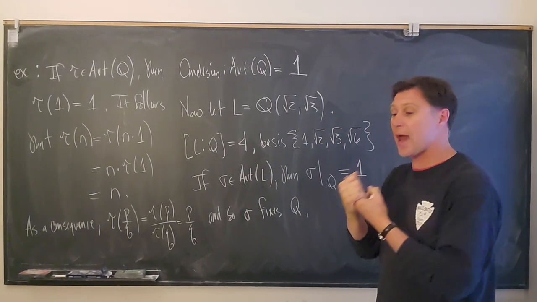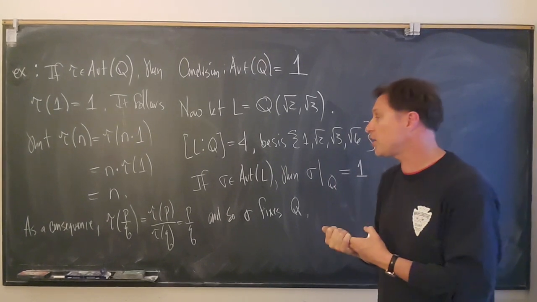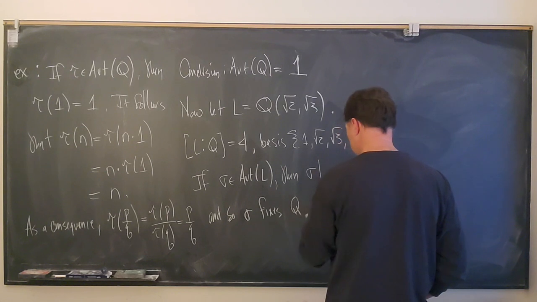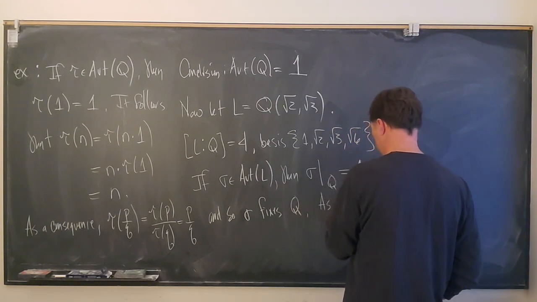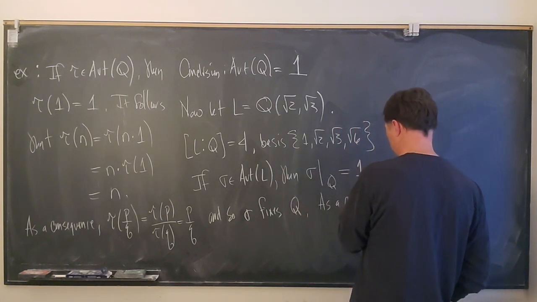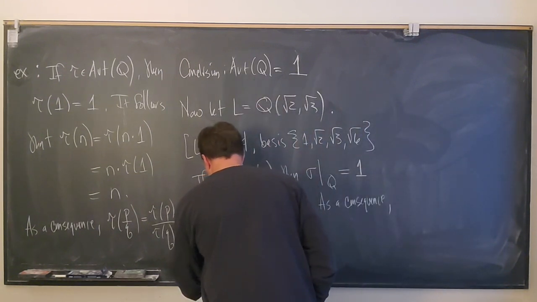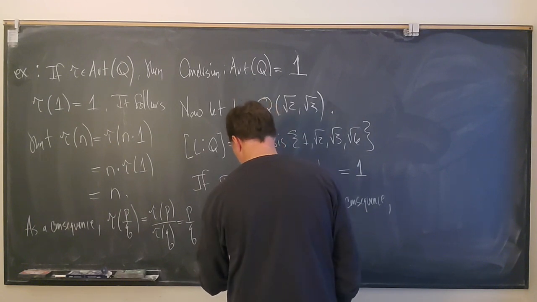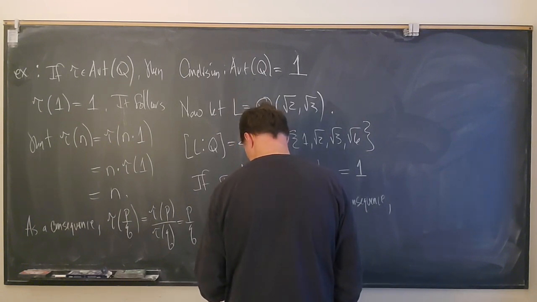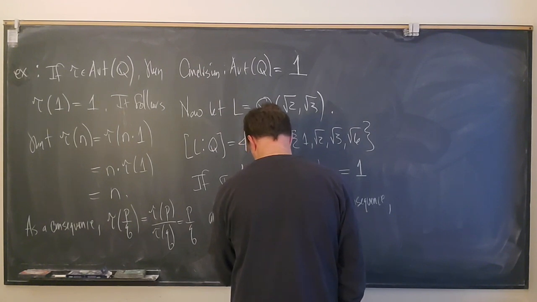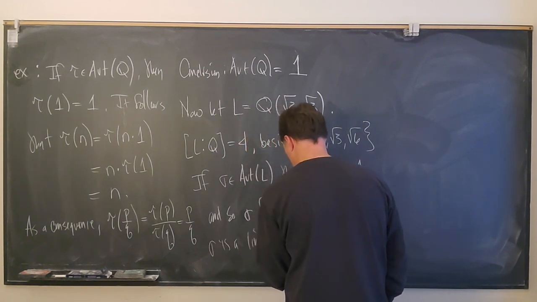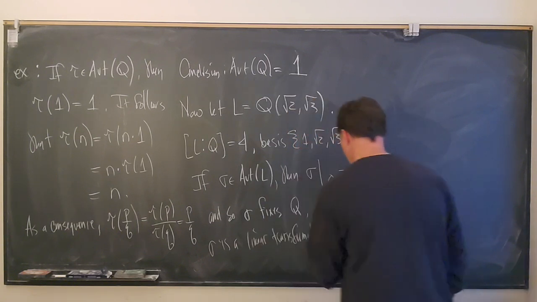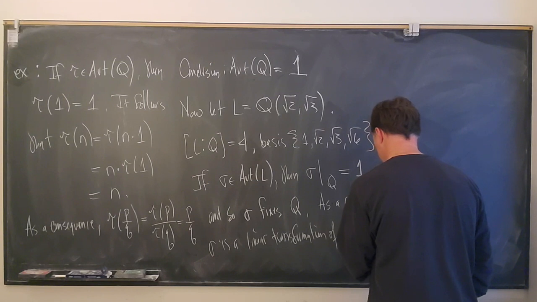This automorphism actually behaves like a linear transformation from L to L. So as a consequence, sigma is, well, I'll just say a linear transformation, but it's an isomorphism, so it is a linear transformation of the Q vector space L.